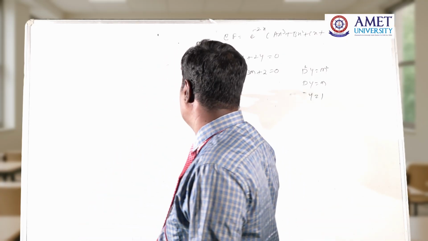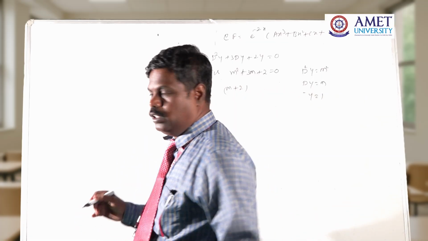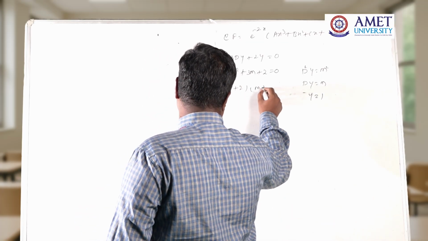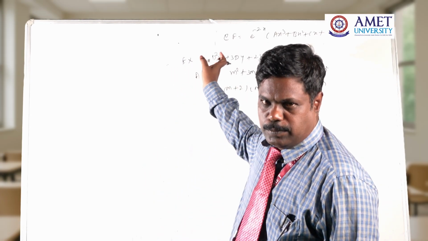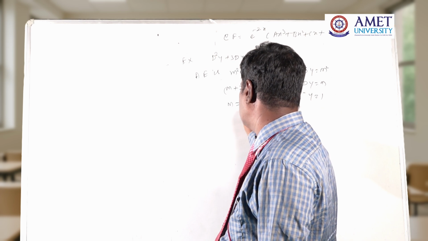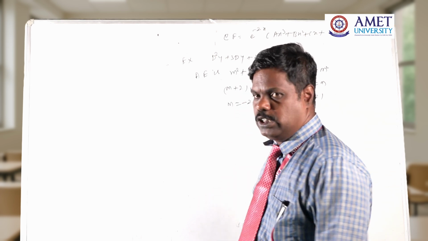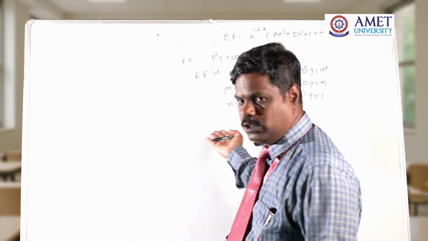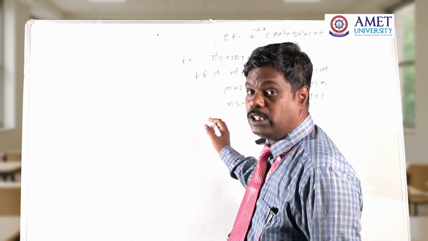The roots will be (m plus 2) times (m plus 1). When you multiply this together, it becomes m squared plus 3m plus 2 equal to 0. So what is the answer? Minus 2, minus 1. Even though the roots are real, the roots are different.